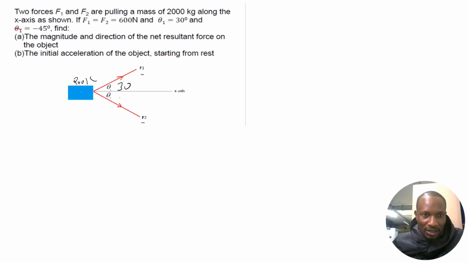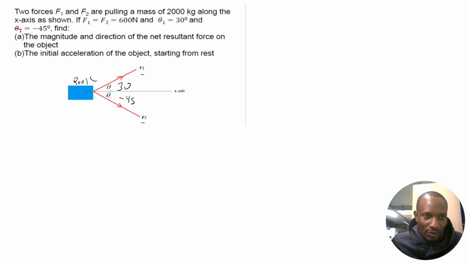So this force is acting below the x-axis, that is why it is minus 45. The question says find the magnitude and direction of the net resultant force on the object and the initial acceleration of the object starting from rest.